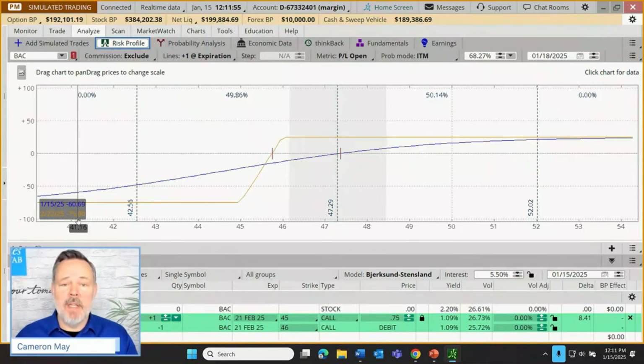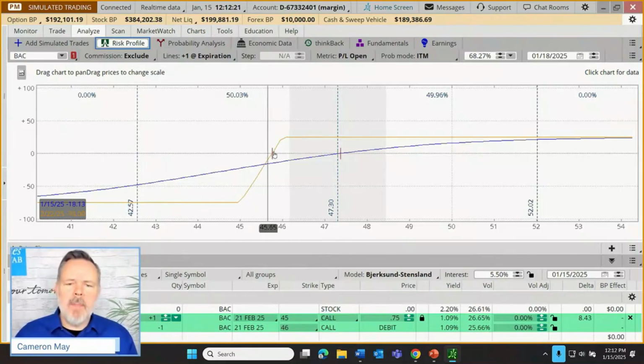So for each contract on this trade, should the trader choose to place it, they can make up to $25 if the stock is above the spread, above the $46 strike. They can lose down to $75 if the stock is below the spread, below $45 at expiration.